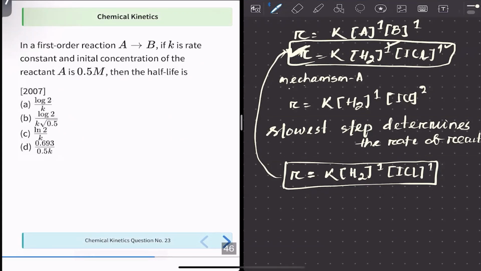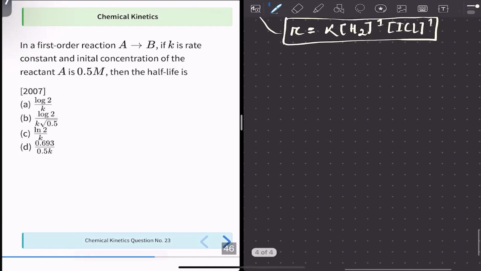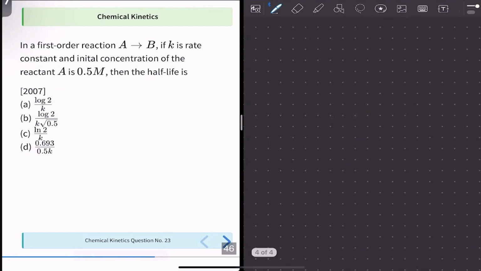In a first order reaction, A gives rise to B, if K is the rate constant and the initial concentration of the reactant A, A naught, is given as 0.5 molar, then the half life, it is asking T half.